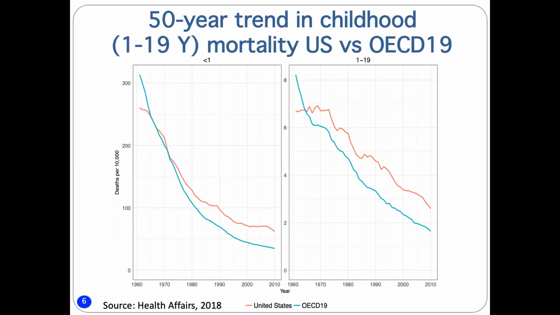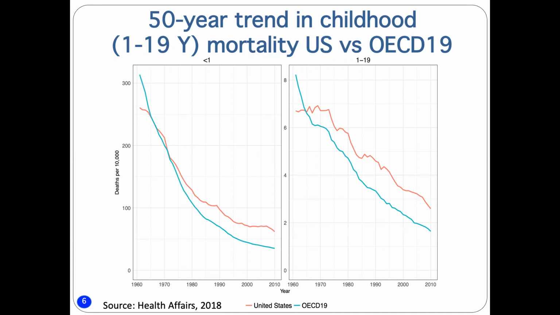And what you see here on the left is mortality rates for infants. You can see that up until about 1975, the infant mortality rate was quite similar between the US and the OECD 19, but then it began to diverge at about 1975. And for older kids, 1 to 19, we saw a significant divergence dating back all the way to the 1960s.